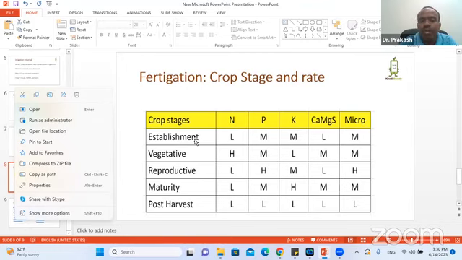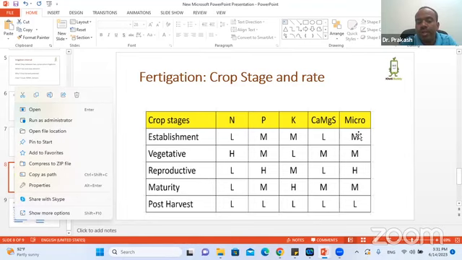So during the crop establishment stage, the requirement is low nitrogen, medium phosphorus, and medium potash, with low calcium and magnesium and medium micronutrients, along with irrigation. So we go for the fertigation type.